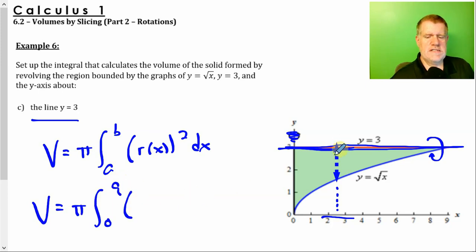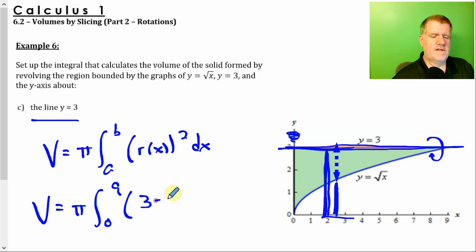What is this distance? So this distance, we have to use both graphs. Because remember, the distance from here all the way up to here is 3. The distance from here all the way up to here is the square root of x.